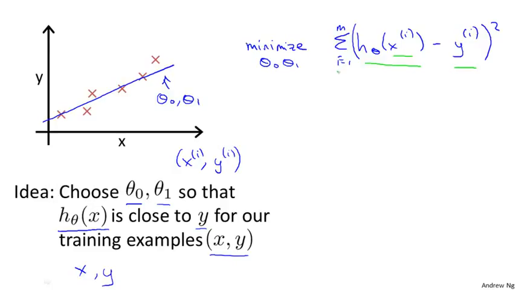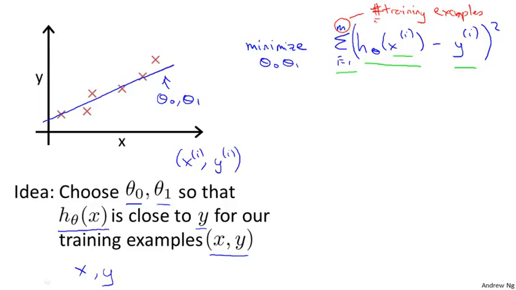And I want to minimize the sum over my training set of the squared error, the squared difference between the predicted price of a house and the price that it was actually sold for. And just to remind you of notation, m here was the size of my training set, right? So the m there is my number of training examples. That hash sign is the abbreviation for number of training examples.